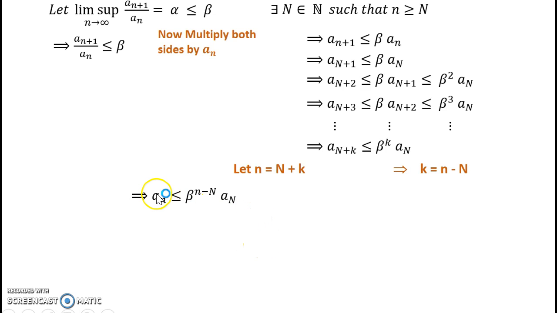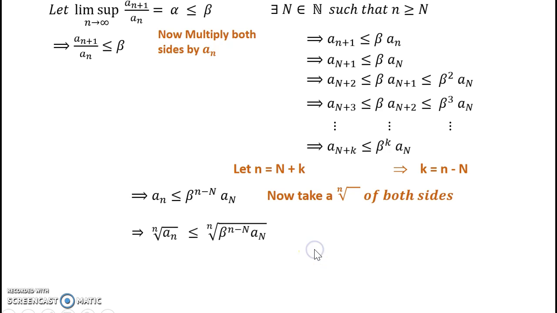What I will do next is take the nth root of both sides, which will imply this expression here. And just as before, I will manipulate this right-hand side by expressing the subtraction of exponents in terms of division, as seen here. And then the nth root of beta to the nth power is simply beta, which can be pulled out, leaving us with this expression here.